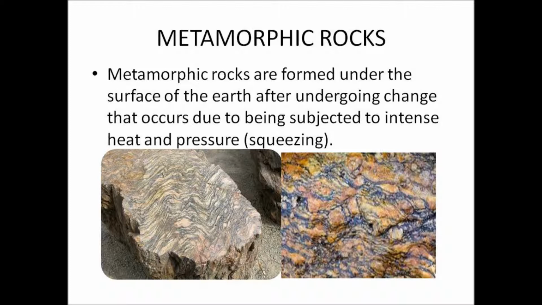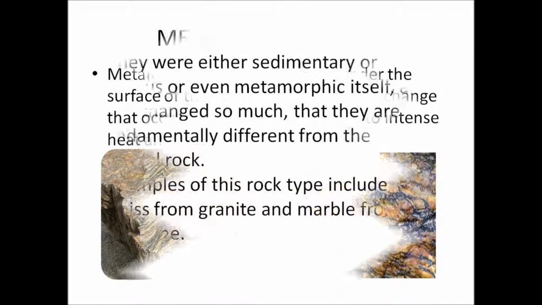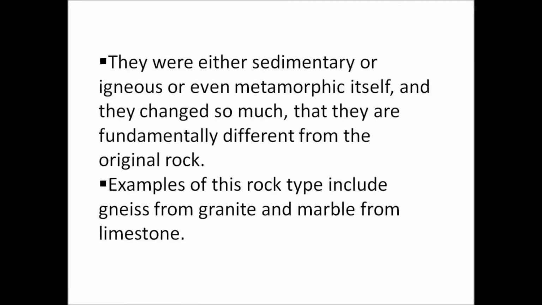And the third type of rock is metamorphic rocks. Metamorphic rocks are formed under the surface of the earth after undergoing change that occurs due to being subjected to intense heat and pressure.